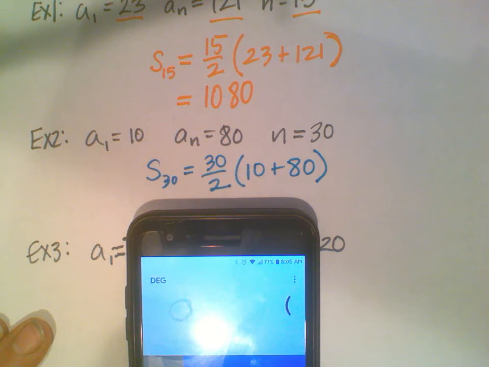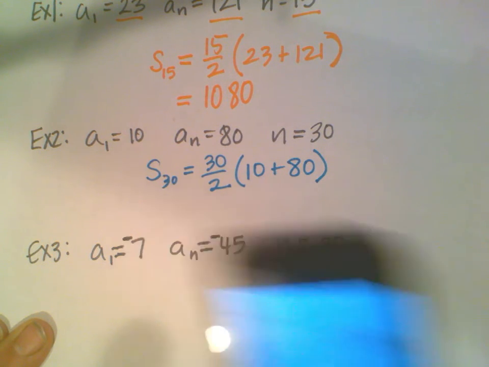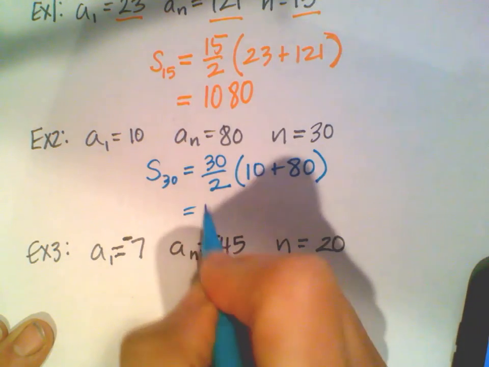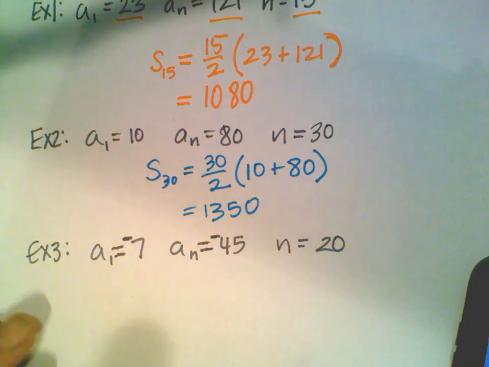So parenthesis 30 divided by 2, end parenthesis, open the new parenthesis, first term plus the last term. And then hit equals, and I got 1350. Again, assuming my math was correct there.